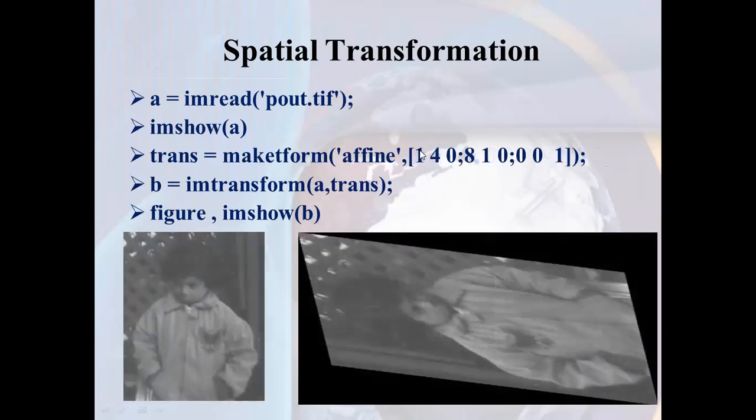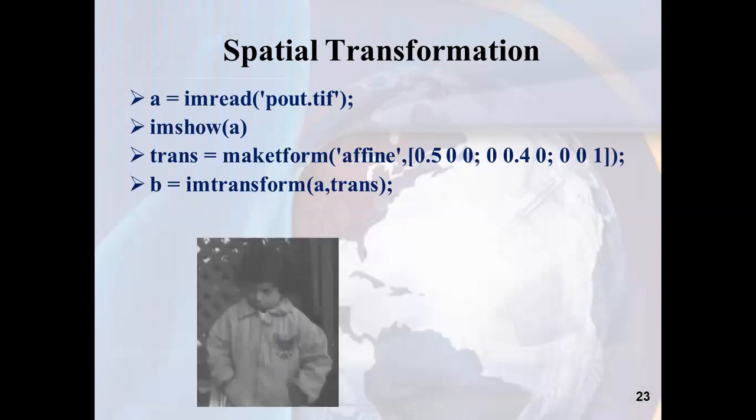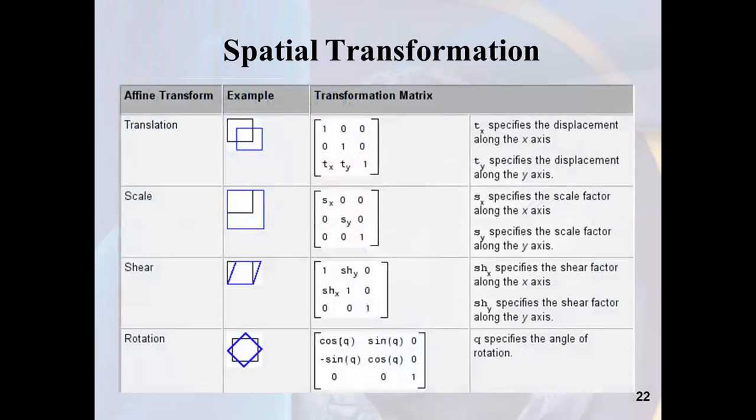Also, we can use 1 0 0, 0.4 1 0, and 0 0 1 in this case. We can make an image transformation, a shear, with shear factors along the x and y axes.